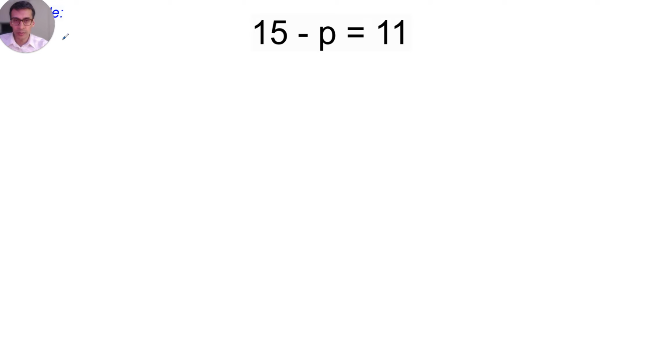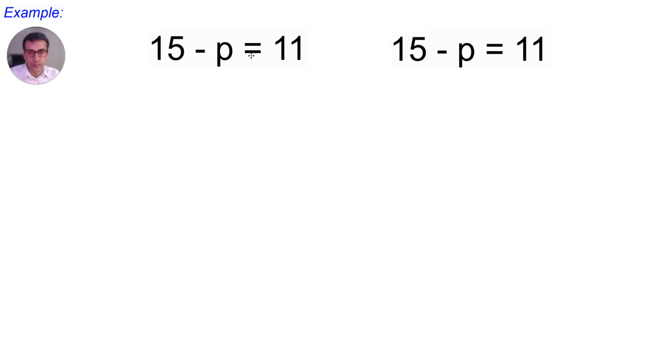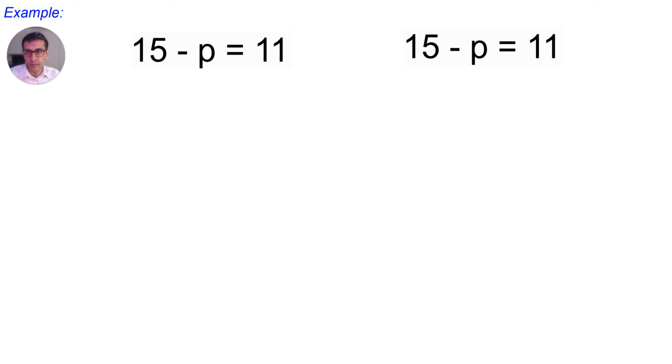So here's an example. Let's try to solve this in 2 ways. So when the variable you are looking at is negative, we can either add it to both sides in order to make it positive, like we did with the previous question.